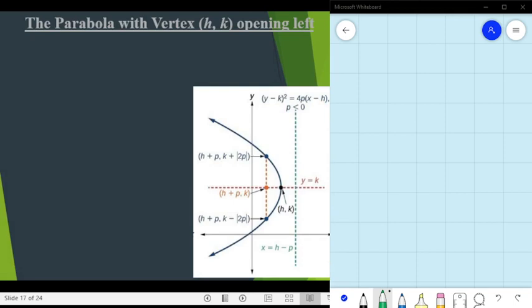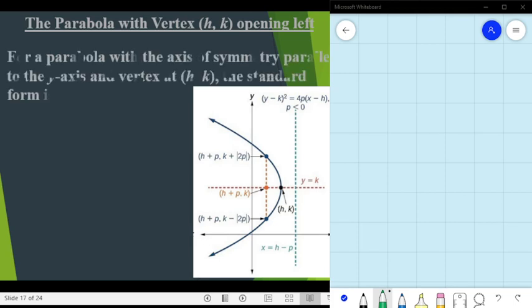For the parabola opening left, we have the equation now becomes quantity (y minus k) squared equals negative 4p quantity (x minus h). So parehas unta sa opening right, but the difference between them is negative 4p na imong equation sa right side because it is opening to the left.